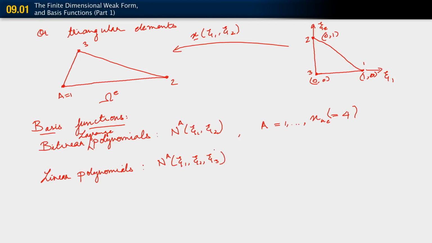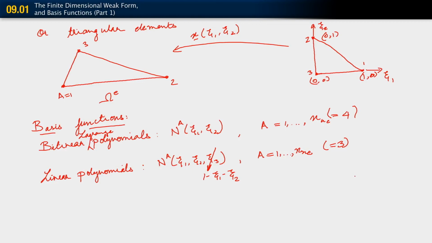And we remember that C3 is defined in the case of triangles as 1 minus C1 minus C2. We saw this just recently in a segment. In this case, again, A goes from 1 to number of nodes in the element, and for the case that we're considering up here on this very slide, number of nodes in the element is equal to 3.